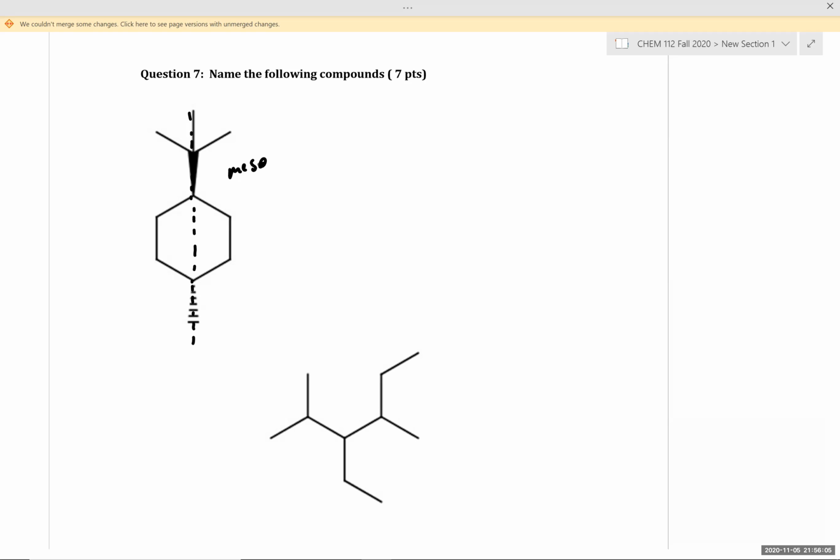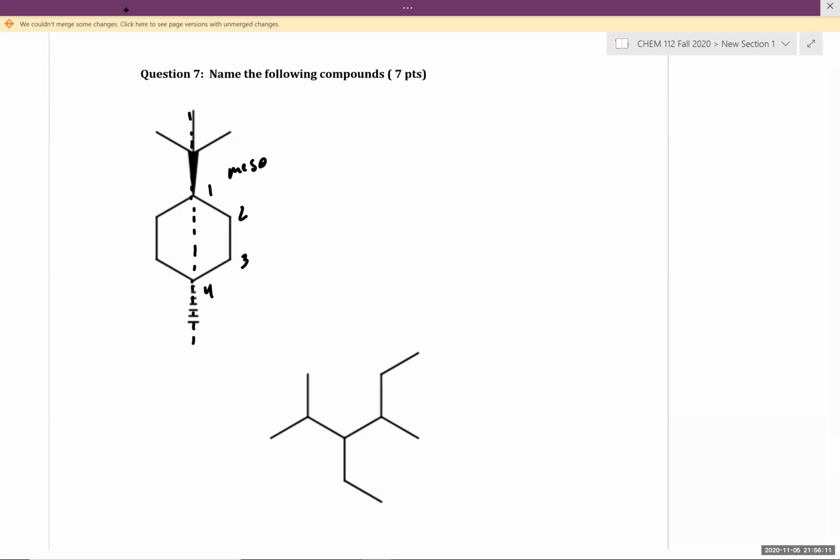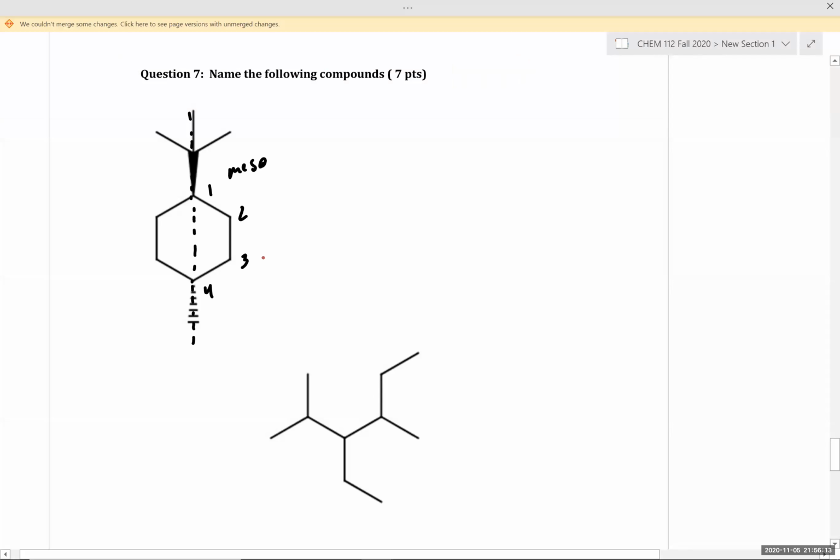So then, looking at our carbon numbering, we can either number 1, 2, 3, 4, or number 1, 2, 3, 4. So we're comparing a methyl group to a tert-butyl group. Do we care about the T for alphabetical? What do we care about, the T or the B in tert-butyl?